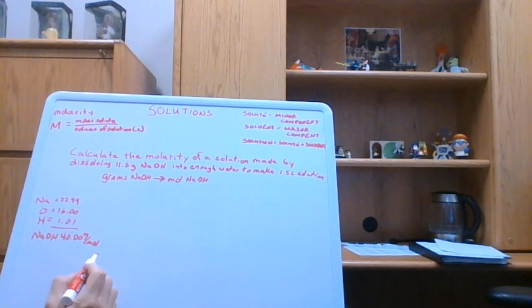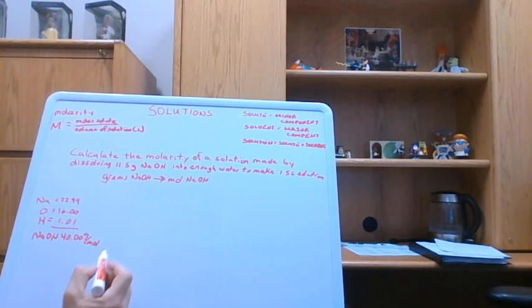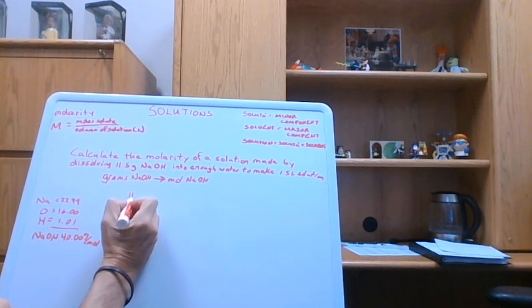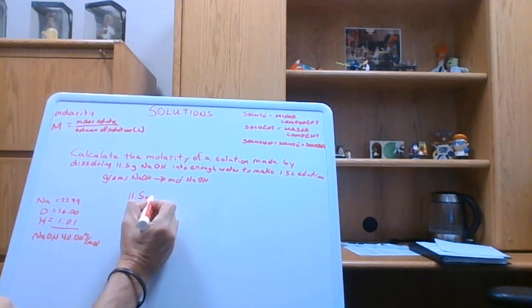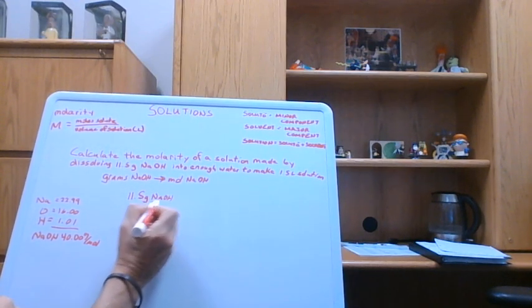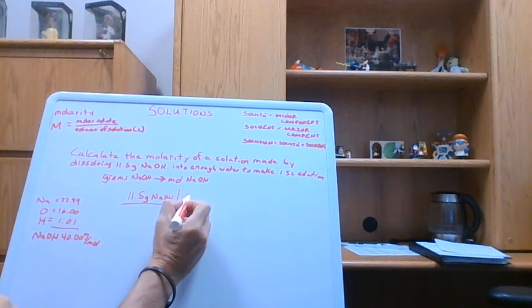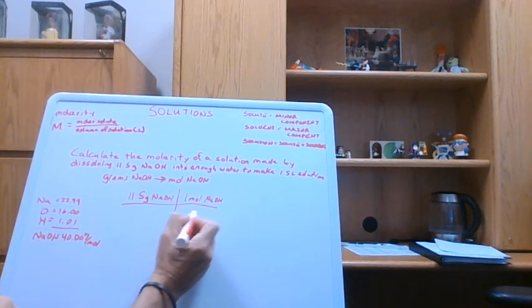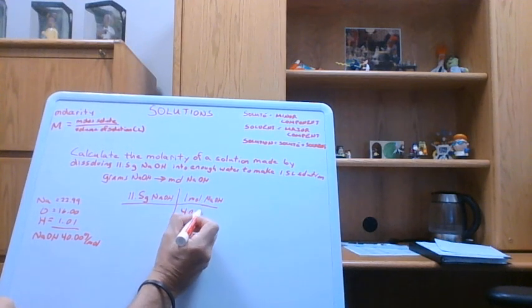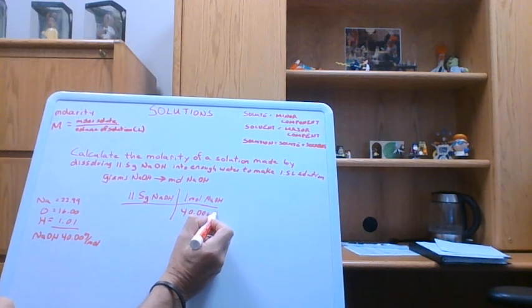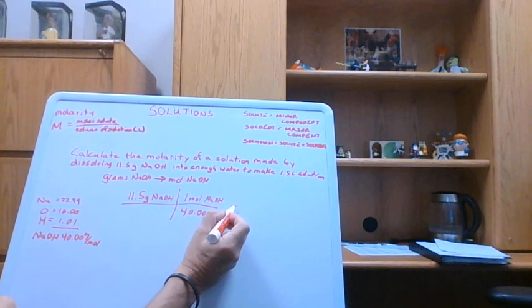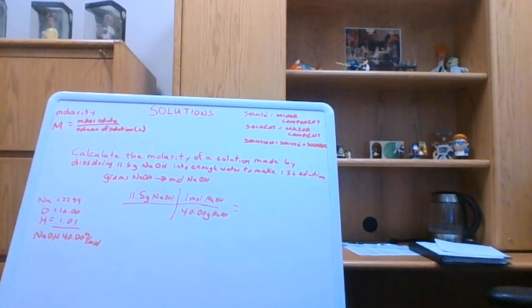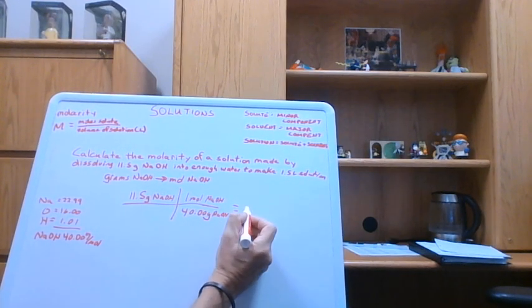So 1 mole of sodium hydroxide weighs 40 grams. So we have 11.5 grams of sodium hydroxide. And we know that 1 mole of sodium hydroxide weighs 40.00 grams. So our grams of sodium hydroxide cancel, and it will leave us with moles of sodium hydroxide.